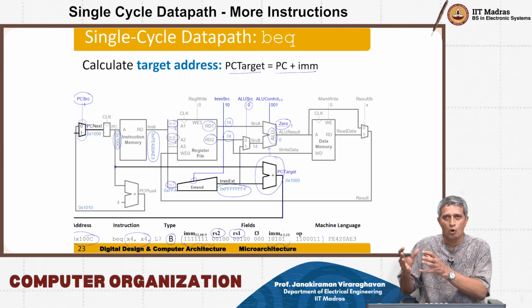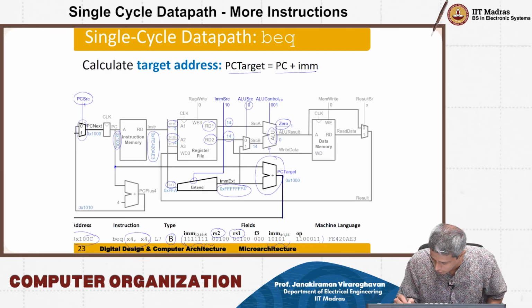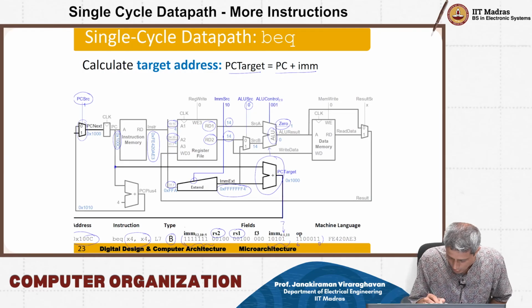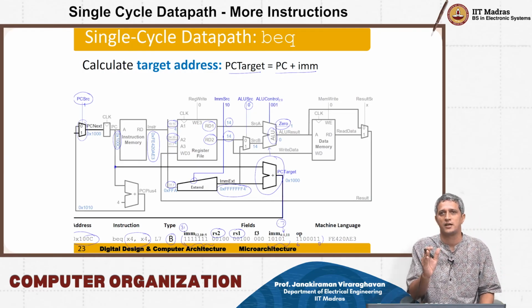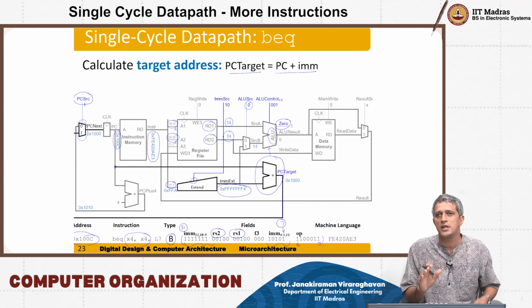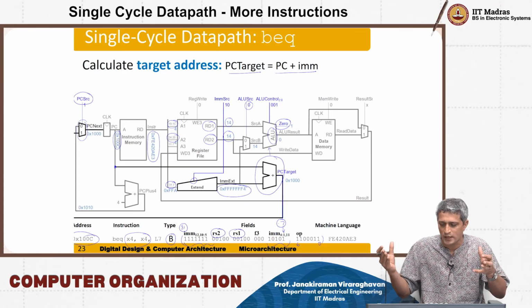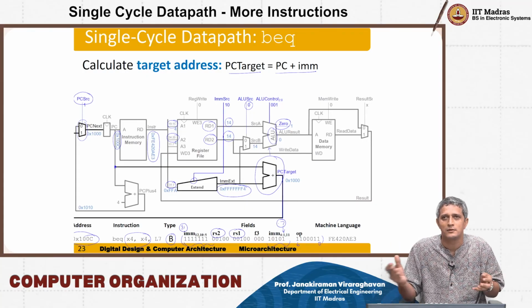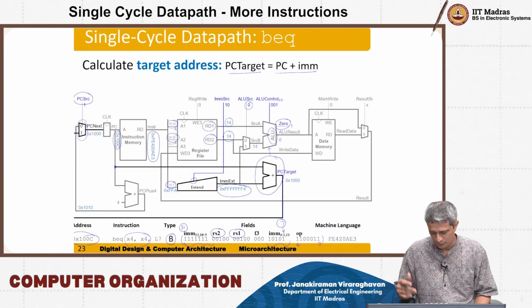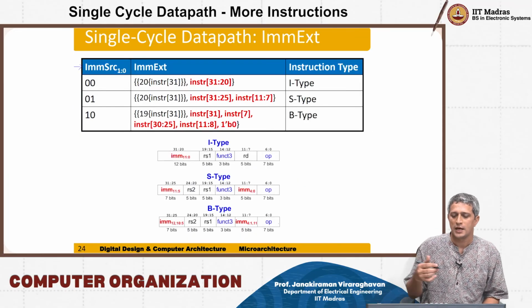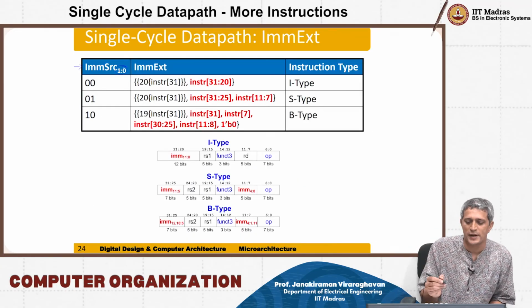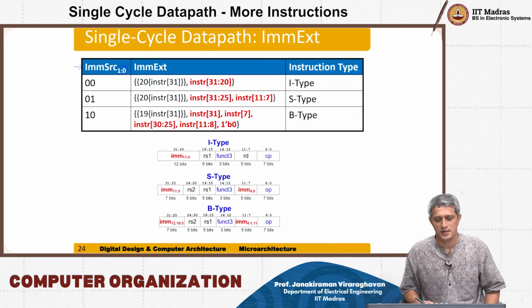See, the OP bits are 0 to 6, so starting from 7 to 31 goes into my sign extender. Now, it doesn't mean that the sign extender is going to treat all these 25 bits as immediate data. It chooses based on these 2 IMM SRC bits.